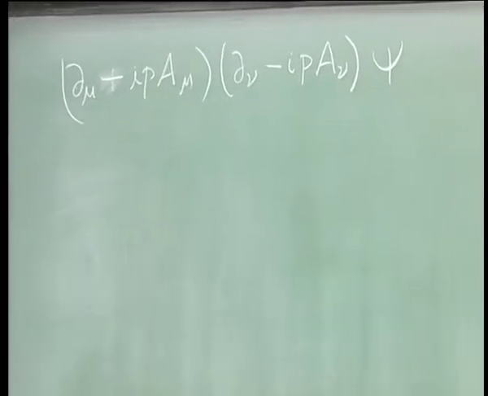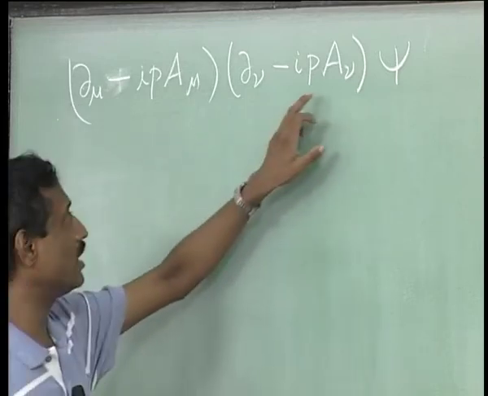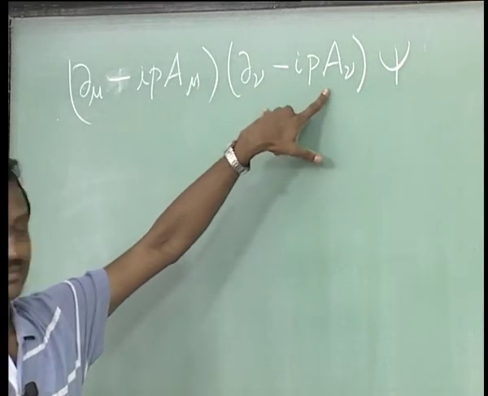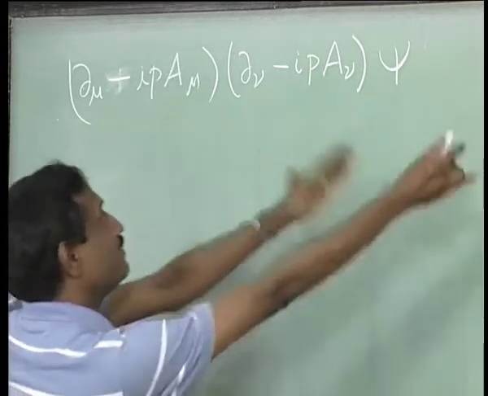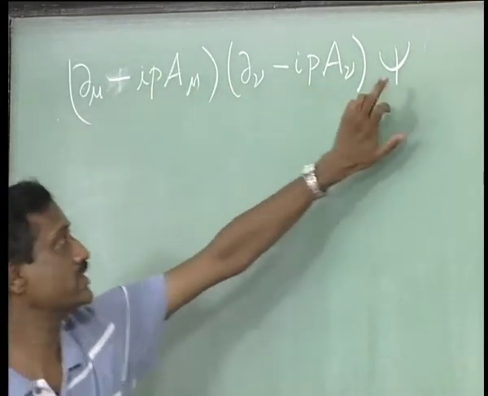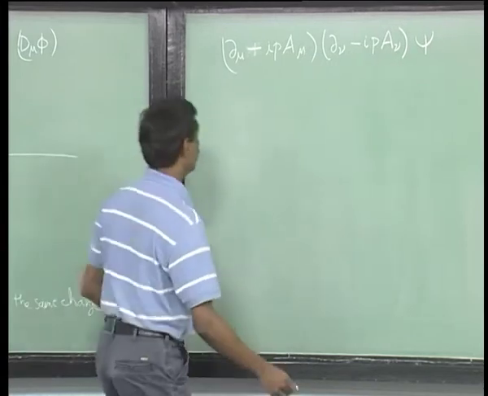This way of writing it is a little bit dangerous in the following sense, there is some ambiguity. Think of this as an operator, so it acts on everything to the right of it. So, this derivative here will act not just on psi, but it will also act on the A nu.